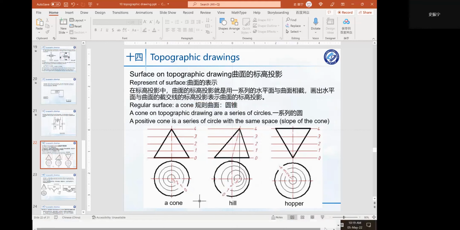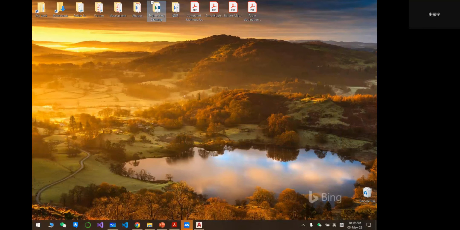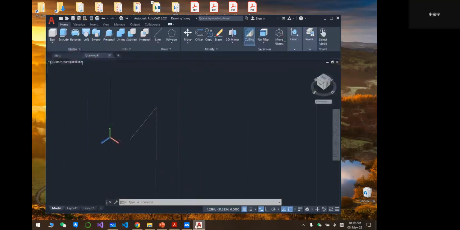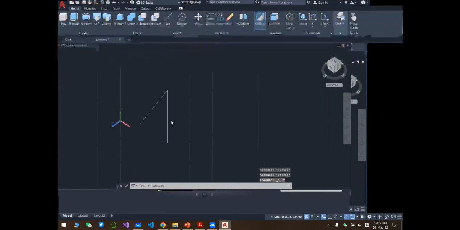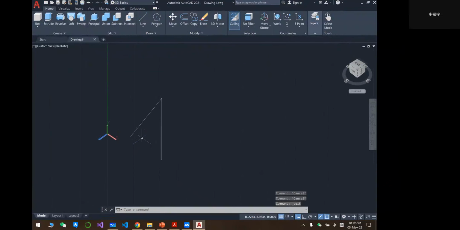The cone is a line that you can see. The cone is a line that rotates with another line. This line is x. And this line rotates with this line, so we can get a cone.